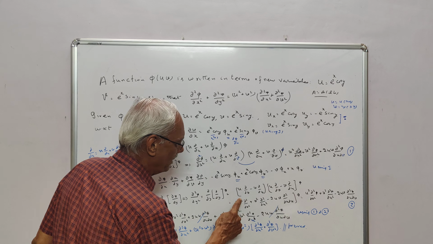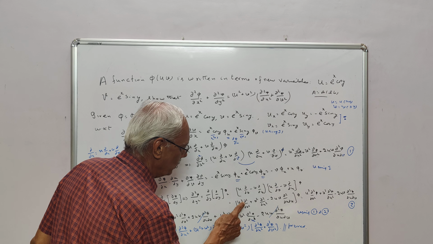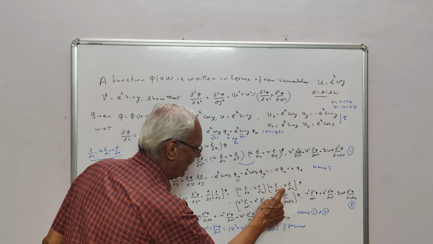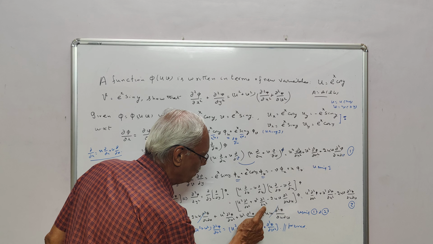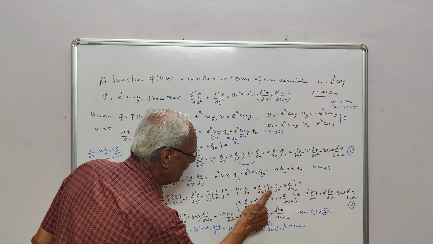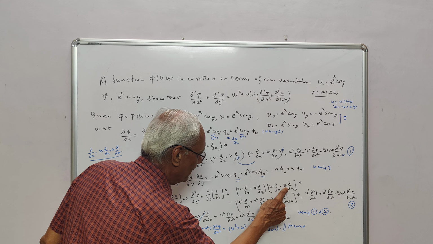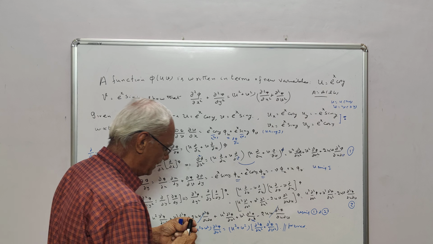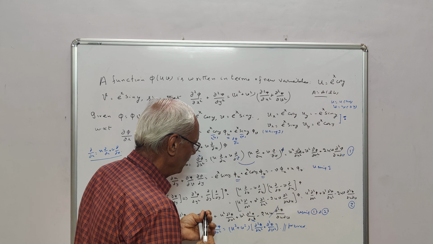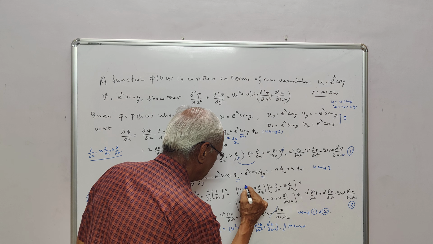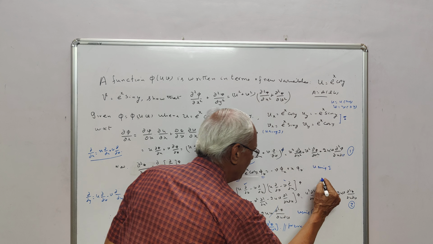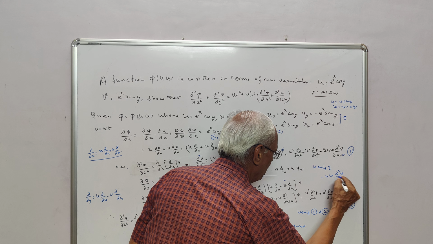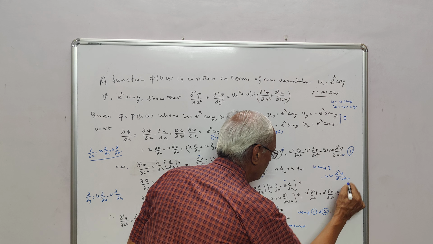Now you go for the ordinary multiplication. You see that u squared into ∂²/∂v squared. Minus into minus will make it plus v squared into ∂²/∂u squared. Then when you multiply this and this, you will get minus uv ∂²φ/∂u∂v.